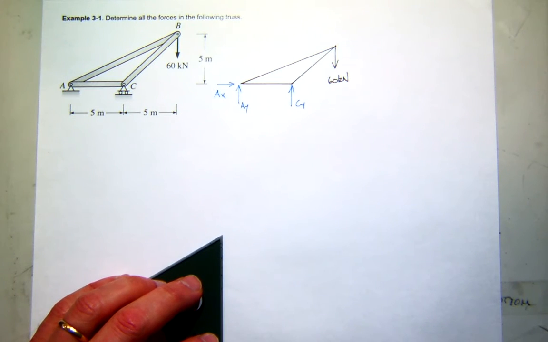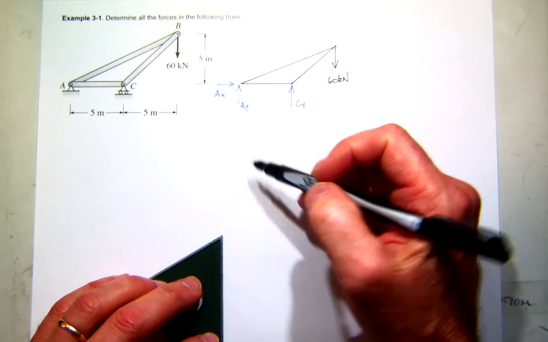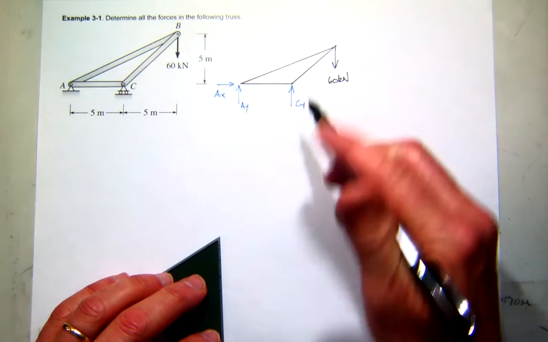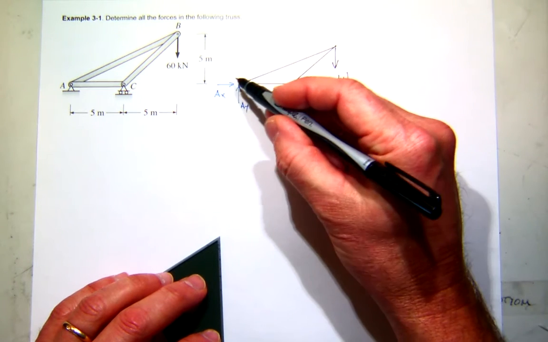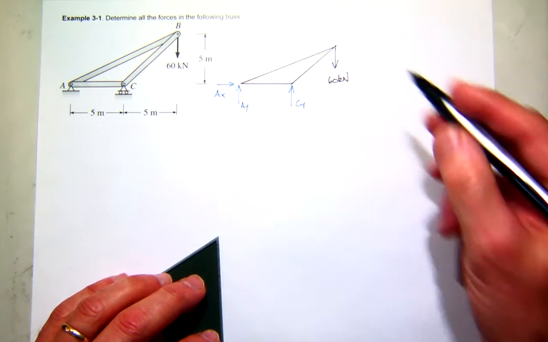So looking at that, how can I find these reactions? Well, like our previous problems, we like to sum moments at pins because there's 2 forces there. So we'll do the same thing here.